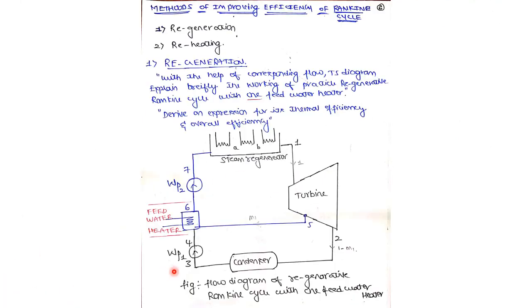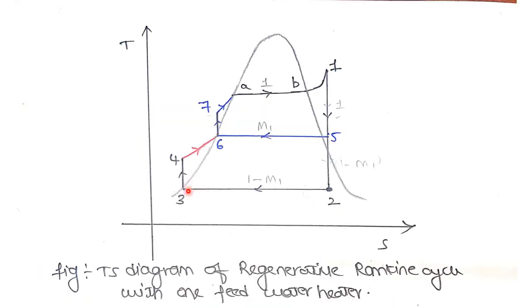So how will you do that? In this regenerative cycle, you need to multiply the steam flow with the enthalpy values. What is the steam flow from 3 to 4? It is 1 minus m1. Now I want work output, and work output is initial minus final, so H3 minus H4.